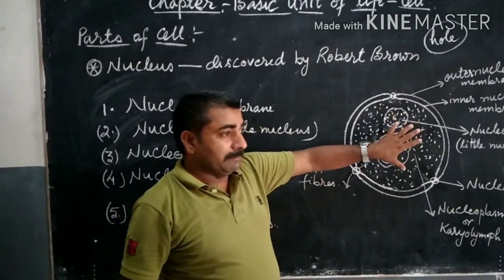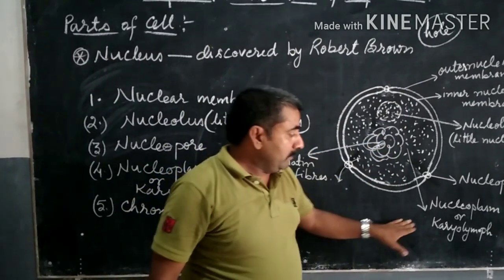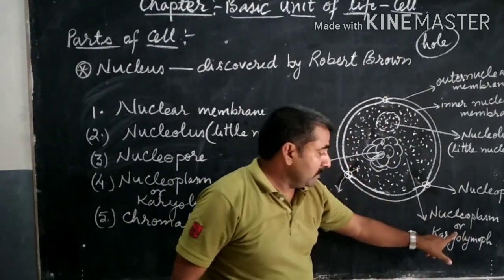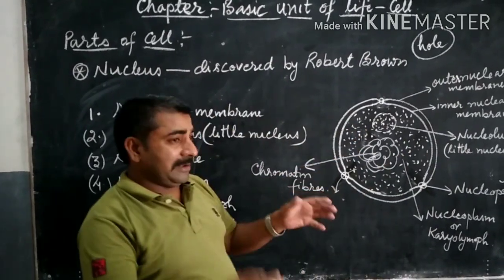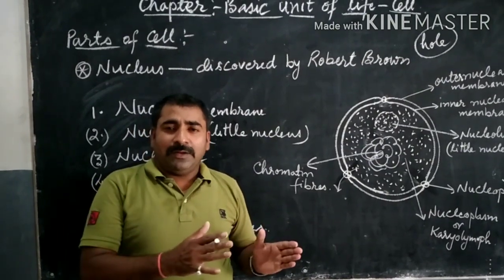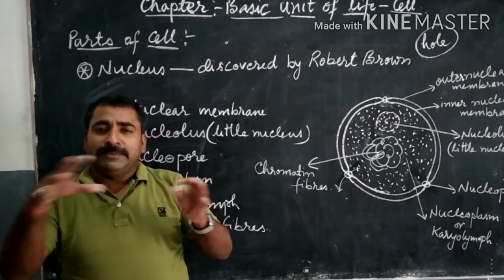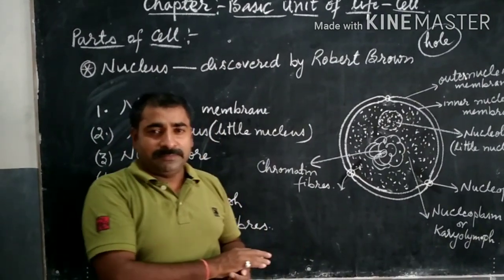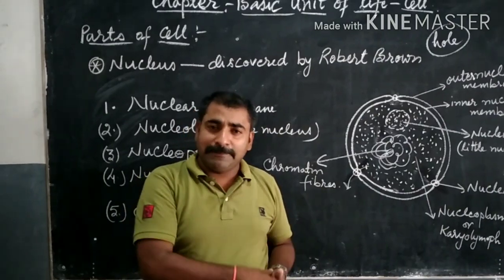So the fluid matrix present inside the nucleus is known as nucleoplasm or karyolymph. And the chemical composition of nucleoplasm or karyolymph is similar to the chemical composition of cytoplasm. That is, different types of organic and inorganic chemical compounds are present.